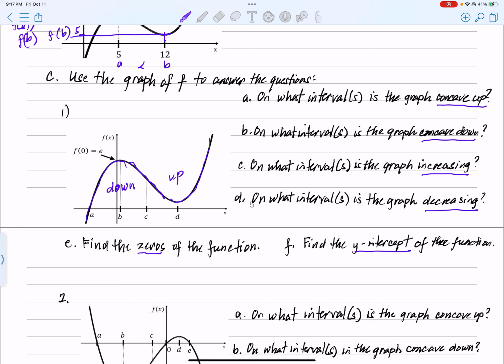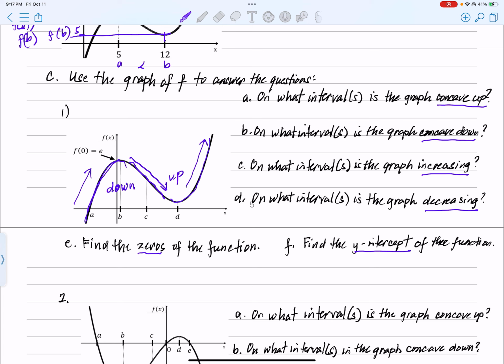Facing down and facing up. So we can see from here to here it's increasing. Then from here it started to move down. It's decreasing. And then it's increasing again. Okay, that's one thing you have to see.